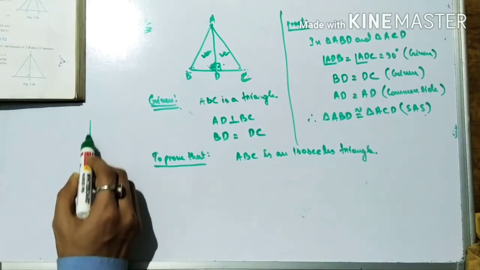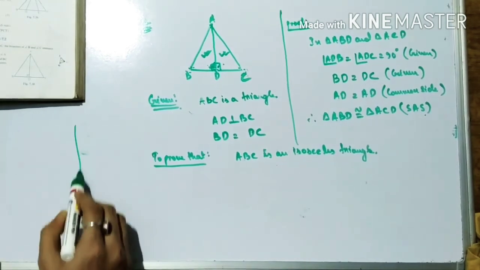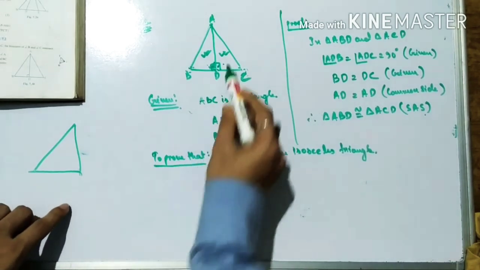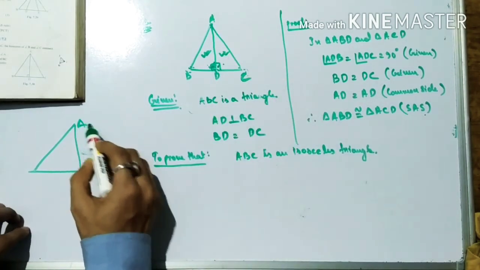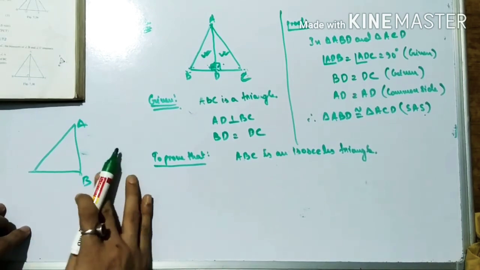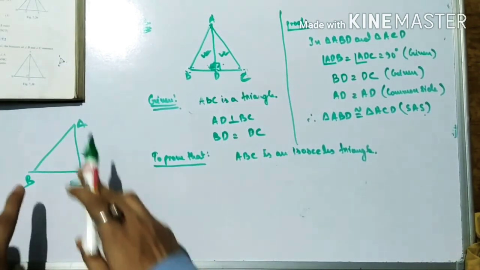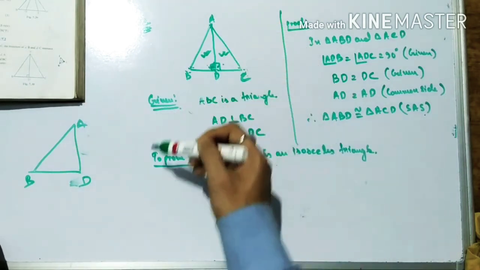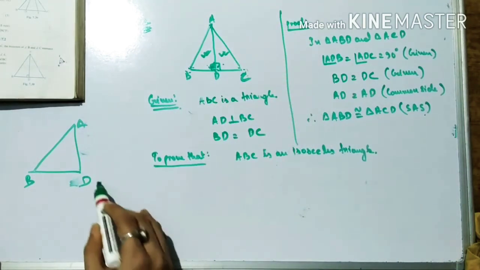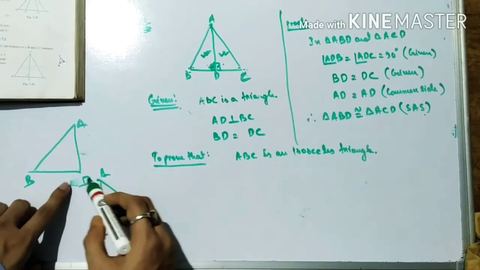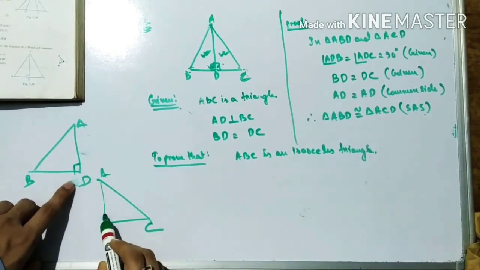You see, this is one triangle, ADB, and another is ADC. Separately I am showing these two triangles. What I showed is that this angle is equal to this angle.